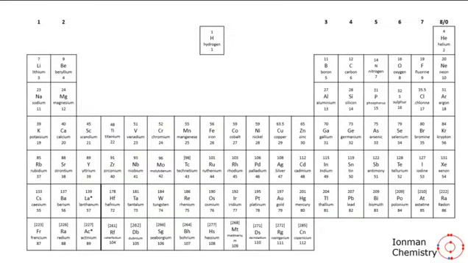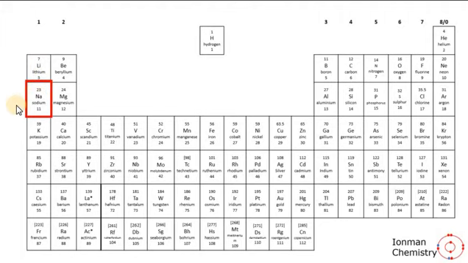Here's our periodic table, and we can see that sodium is in group 1 because it has 1 electron in its outer shell, and it's in period 3. Here's the first row with hydrogen and helium in. Then we have the second row or period, and the third period, which starts with sodium.